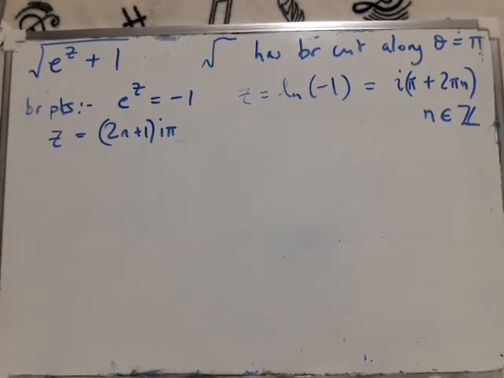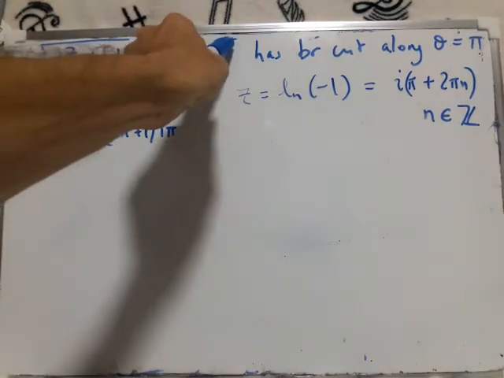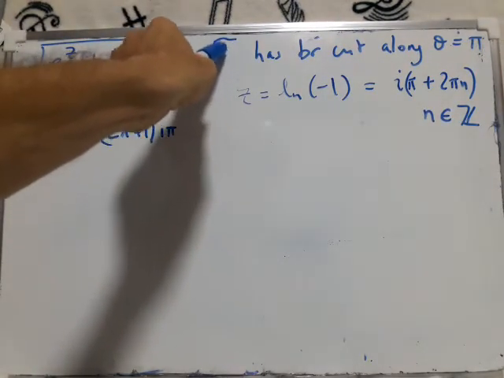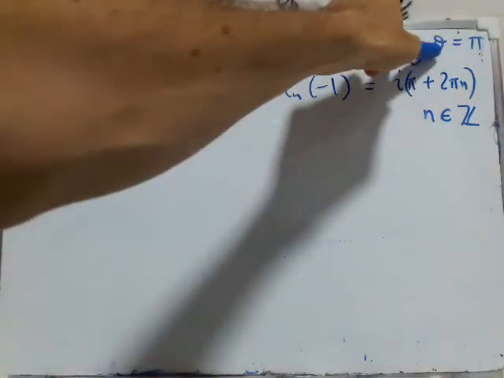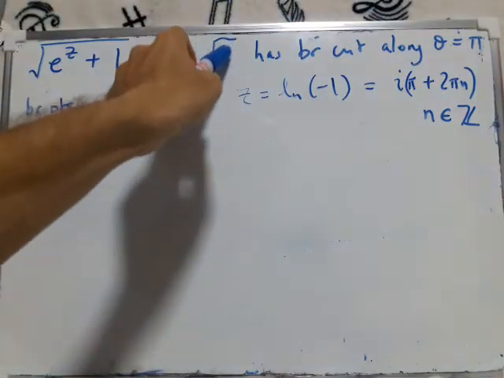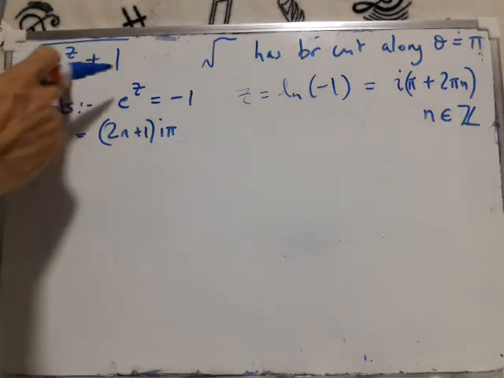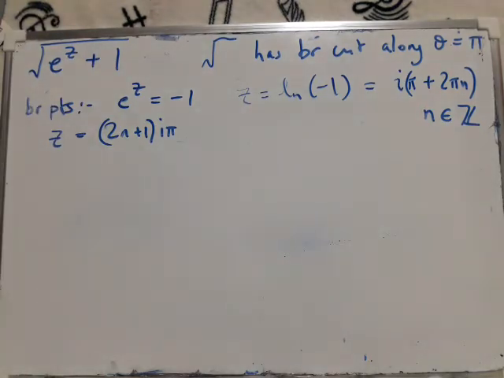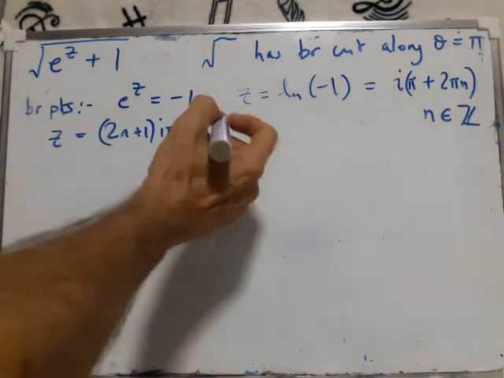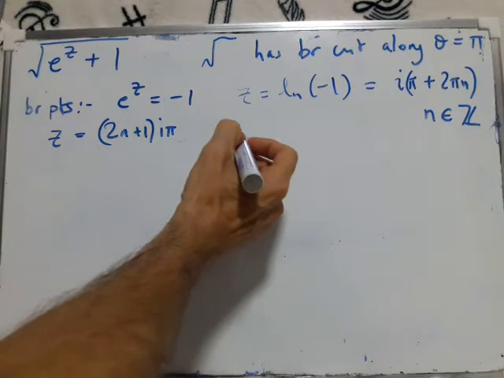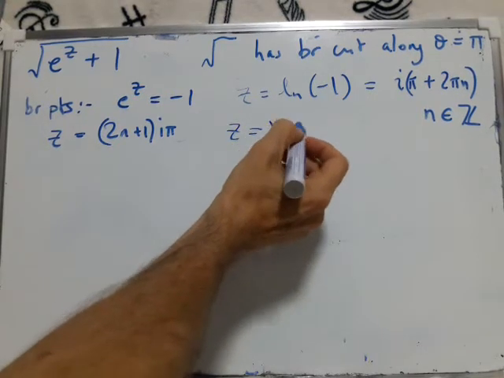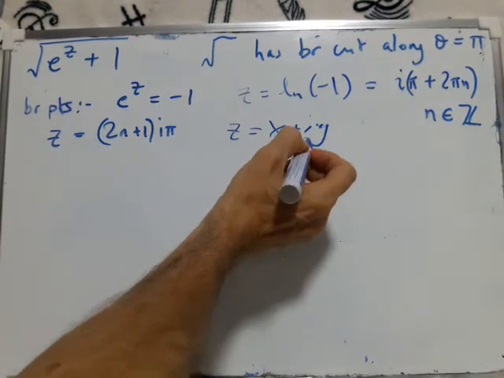To find the branch cut, we just have to remember that the branch cut is where the thing inside the square root is along theta equals pi, which basically means the thing inside the square root needs to be real and negative. So when is this thing real and negative? It helps if we split z into real and imaginary parts as usual.